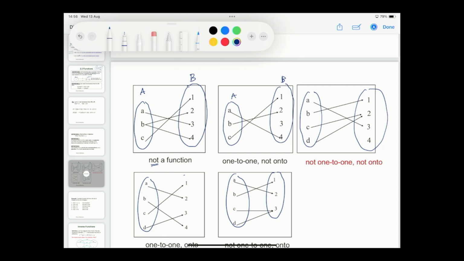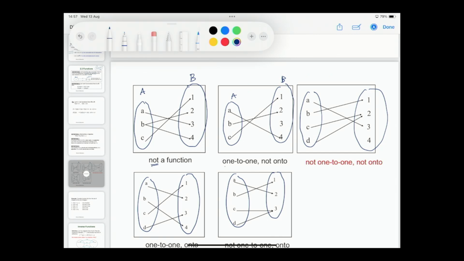There are many types of functions, as you remember, like the one-to-one function. One-to-one means one element of A is mapped to one element of B, and the next element of A is mapped to a different element of B that hasn't been mapped previously.